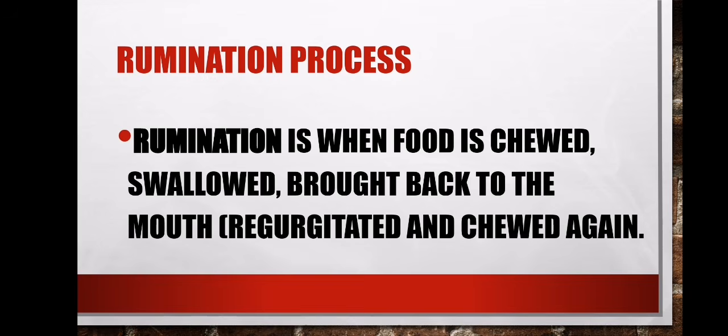So rumination is when food is chewed, swallowed, brought back to the mouth, and chewed again. It is the process whereby the food will be chewed a little bit, swallowed by the animal, and when it is swallowed, it will go to the reticulo-rumen, or to the rumen and reticulum.